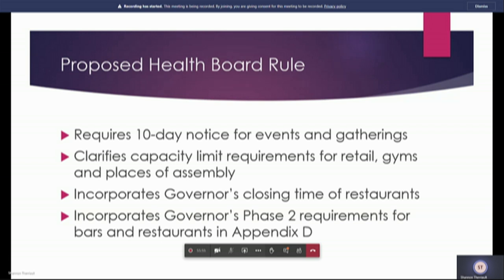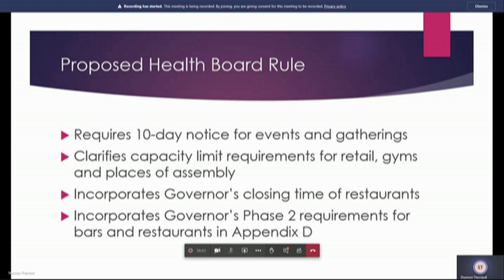However, if you're having an event that's between 25 people and 250 people, which, by the way, is the majority of the events that we look at, you have to contact the health department.